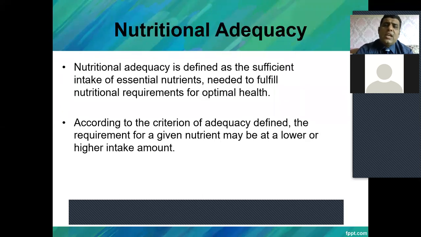Then nutritional adequacy: how do we consider nutritional adequacy? It is defined as the sufficient intake of essential nutrients needed to fulfill the nutritional requirement for our optimal health. Sometimes normal persons go to the dietitian because they are worried about their health.